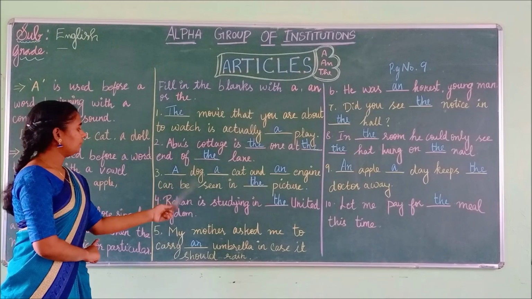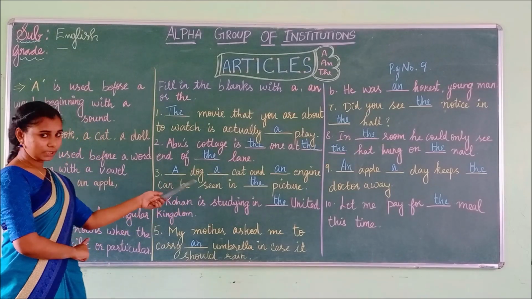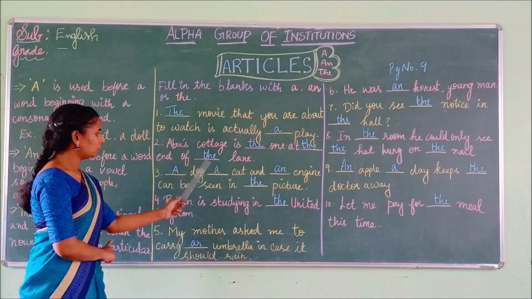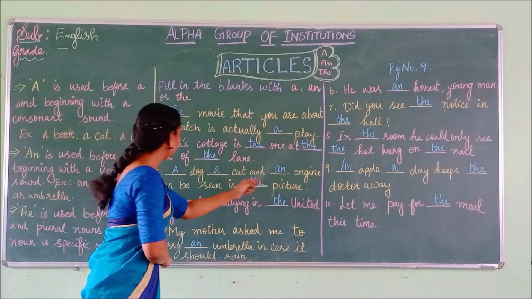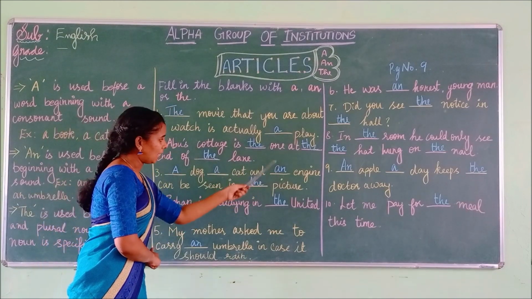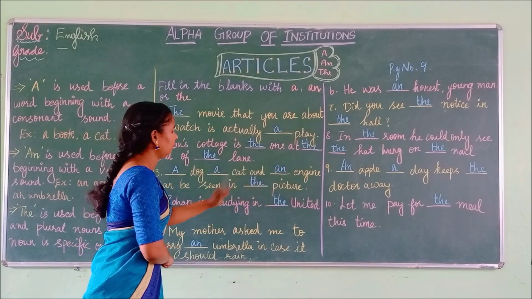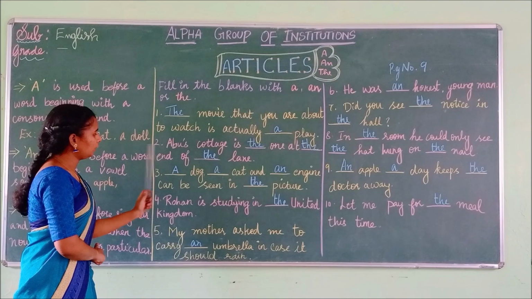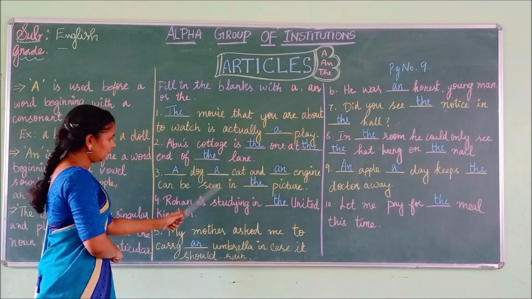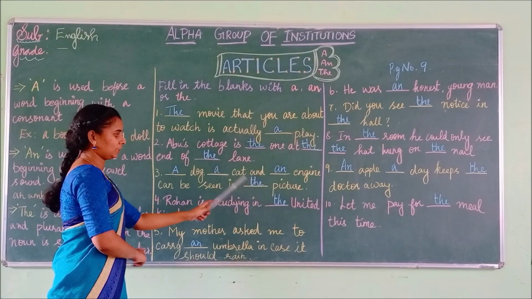So if they have used dogs, we should not use a, because it's a singular form. So we have to use a dog, a cat and an engine can be seen in the picture. Here we have used an as this starts with a vowel sound. As they are projecting here the particular picture.